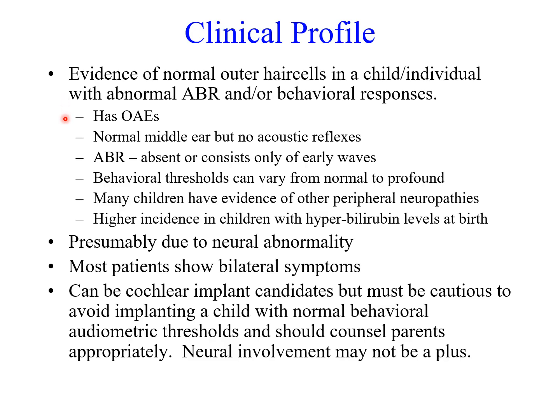This happened in the early days, in the late 90s and early 2000s, when people had the ability to do OAEs. When they combined OAEs and ABRs, they found a subgroup of patients who have OAEs, but their ABRs are abnormal. And that's weird. So at that time, that was weird. So they have OAEs.